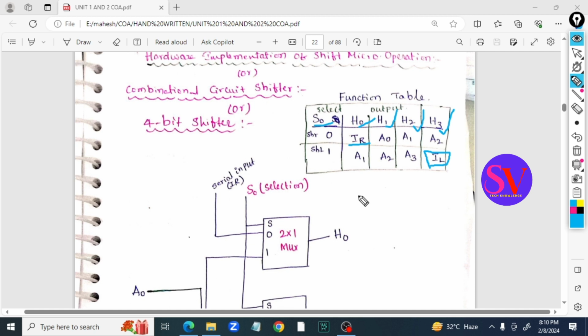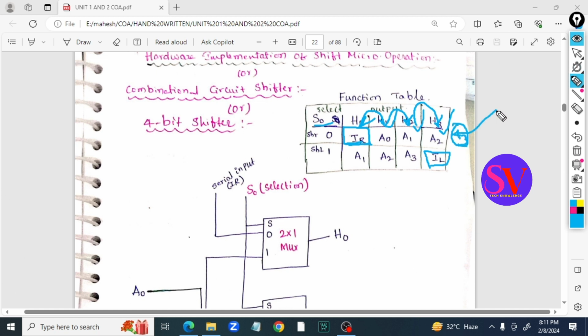Whenever I shift right, the most significant bit will be replaced with IR, and the next positions shift: A0 will be shifted here, A1 here, A2 here, and A3 will be discarded. Why? Because this is the least significant bit. This is a 4-bit register I am talking about.